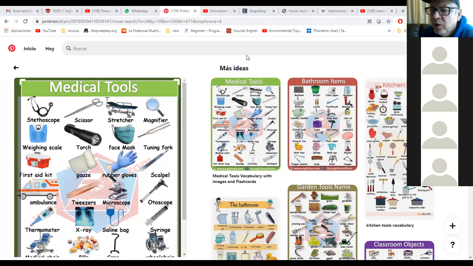This other medical tool is used. Well, this is not a medical tool. This is a vehicle that is used to transport people, especially sick people. Ambulance, yeah, it's a vehicle used to transport people, especially sick people, from one place to the hospital, right?